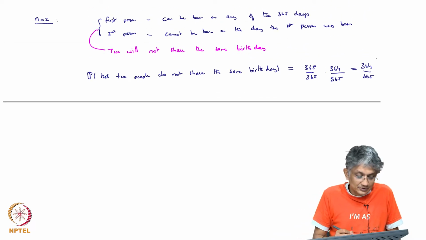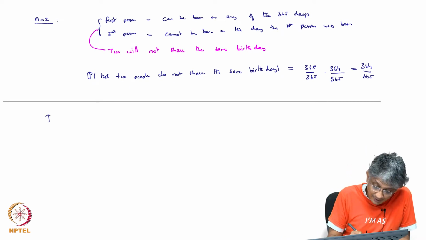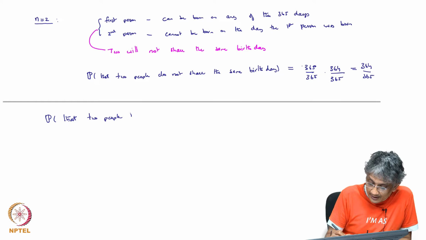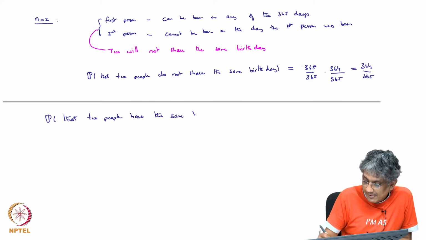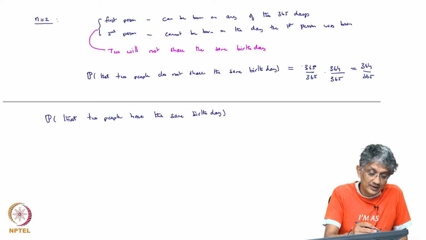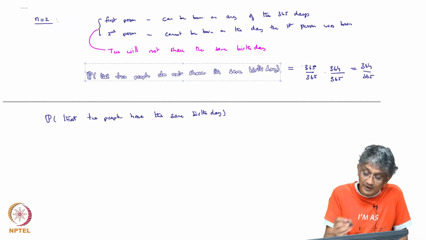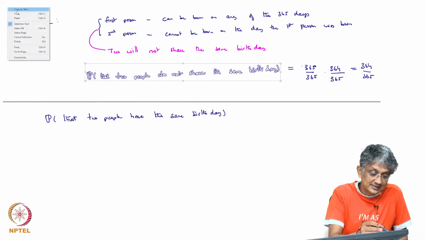If you want to know that they do have the same birthday, that is just the complement of this event. You take the probability that they don't have the same birthday, and 1 minus that is what you want.